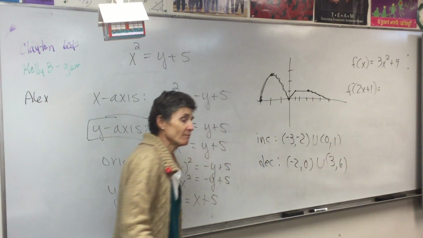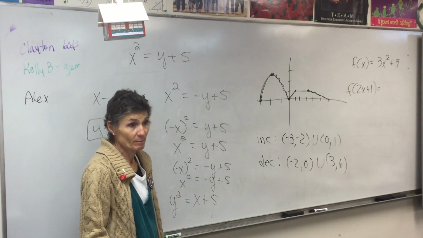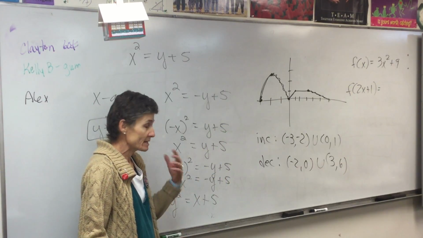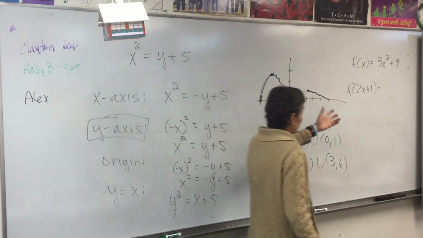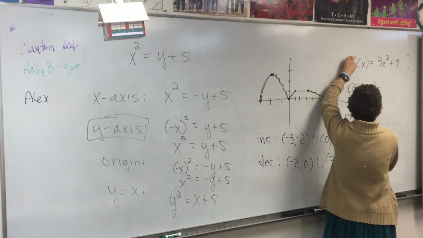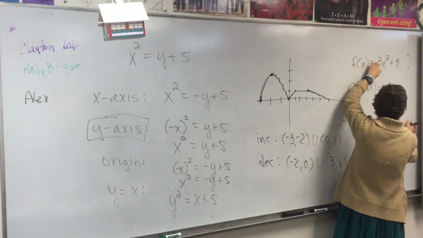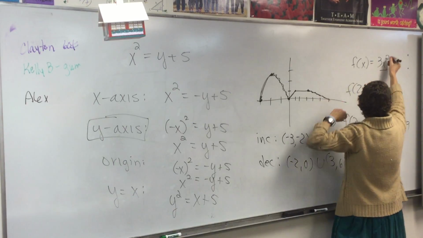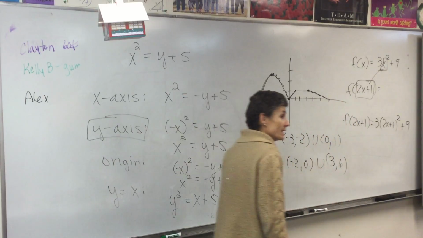Anytime I evaluate a function, that just means I pull out the x's and plug in whatever they tell me to plug in. So if it said find f of 8, I would plug in 8. Well, this says plug in 2x plus 1. So f of 2x plus 1 would be 3 times (2x plus 1) squared plus 9. Just take out the x and plug in whatever they tell you to plug in.